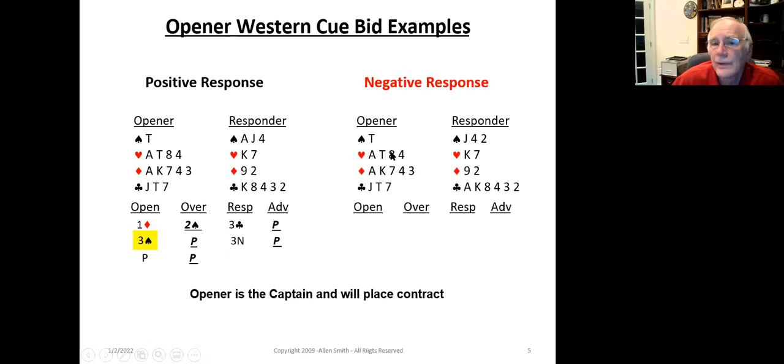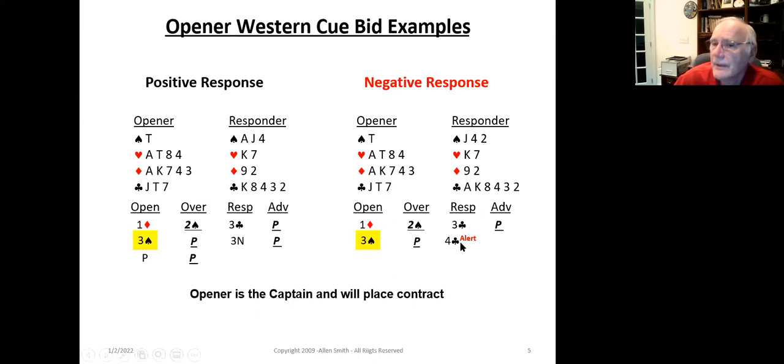Let's look at the situation where there's a negative response to this. We go 3 spades, asking for a blocker in spades. And in this case, the responder says, no, I do not have a blocker, by bidding 4 clubs.